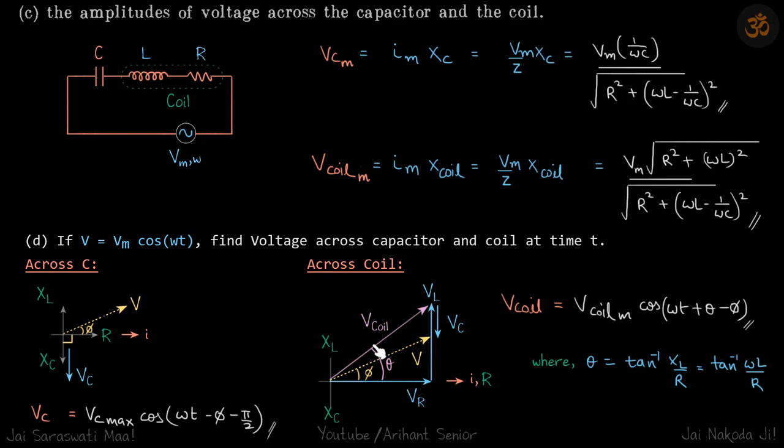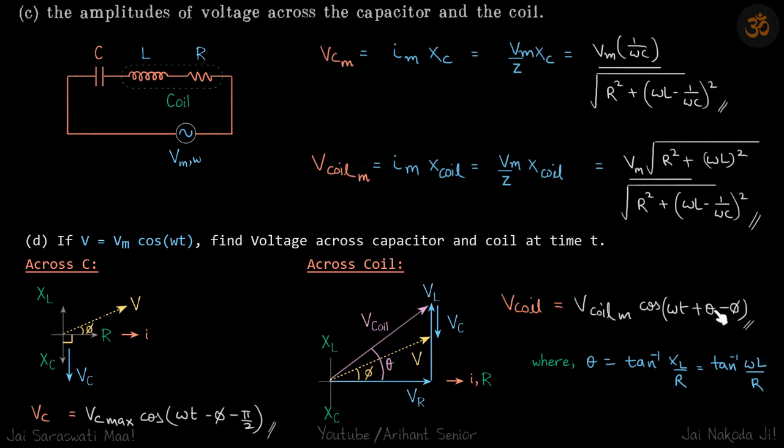And let's say that's at an angle theta. So you can see V of coil is theta minus phi ahead of V. So phase will be cos of omega t plus theta minus phi, and magnitude will of course be V coil maximum. Not magnitude, I mean amplitude of the V coil. So our V coil becomes V coil max into cos of omega t plus theta minus phi.